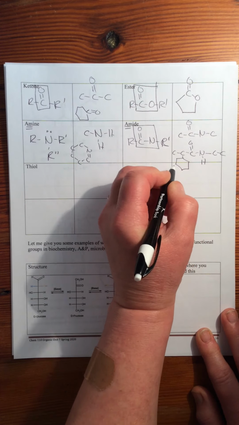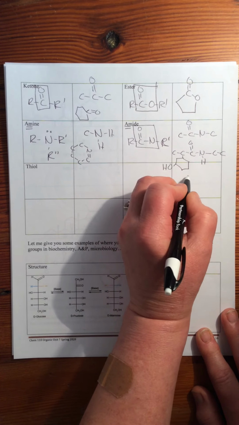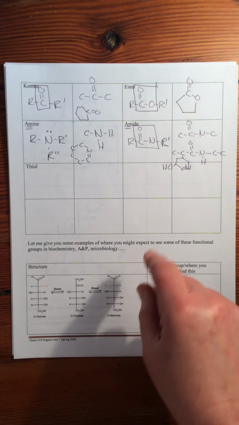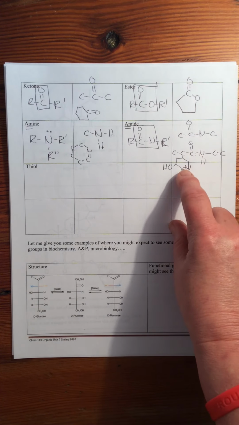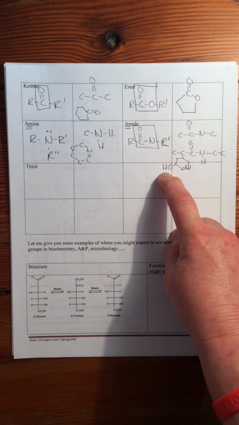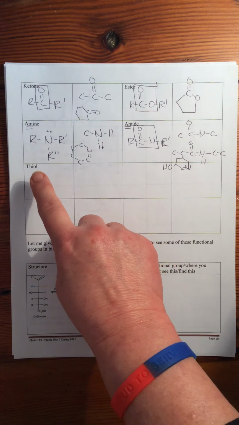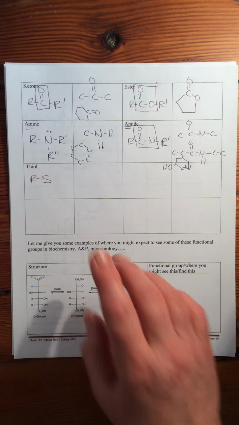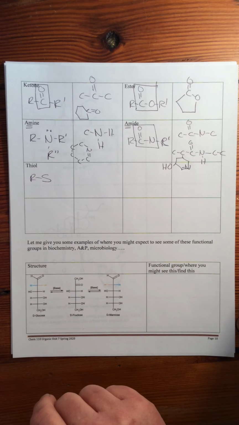I mean, I can put all kinds of things. And by the way, I can put multiple functional groups on these things. Okay, so here's my amide, here's my amine, here's my alcohol. Okay, and then last for this segment is what I'm going to call a thiol, and thiols are easy because it's anything with a sulfur. Okay, so as long as you have a sulfur, you have a thiol.